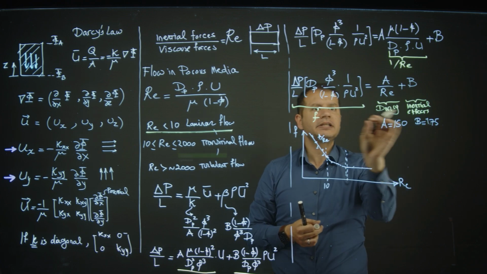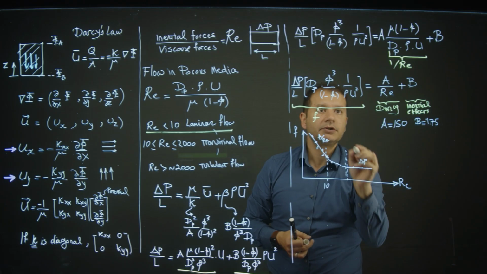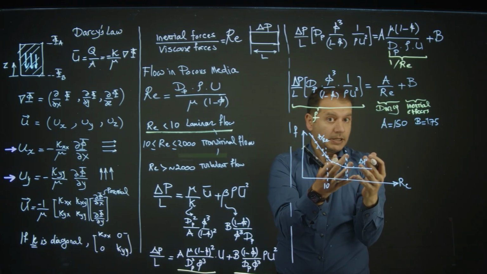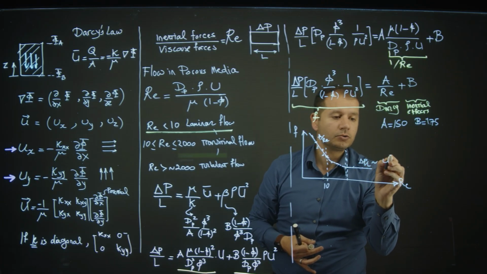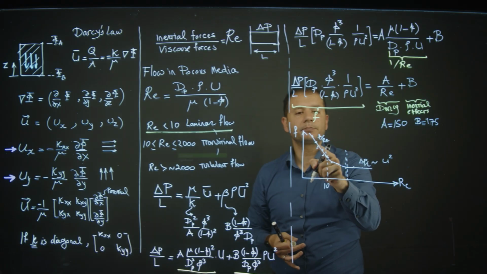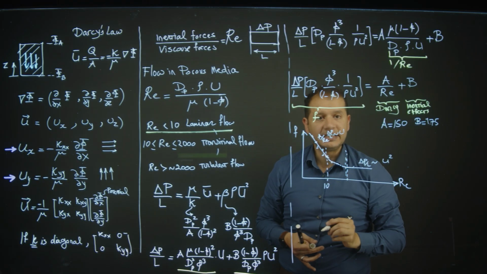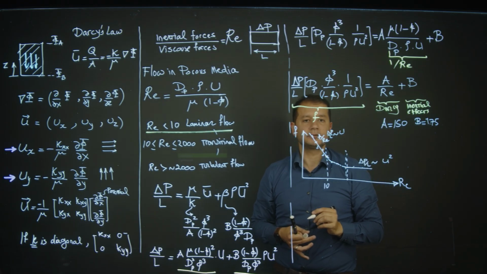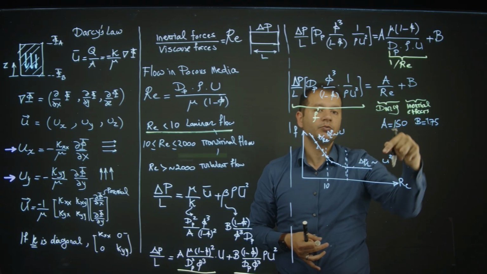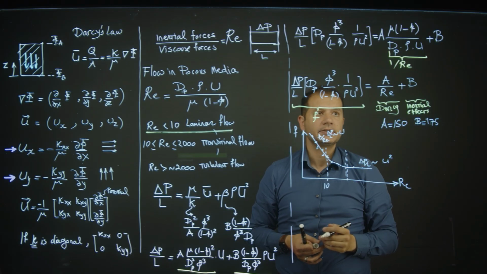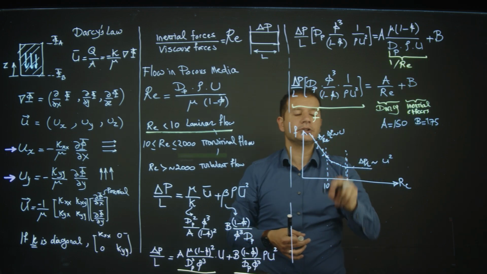The pressure drop over L will be proportional to rho u squared, which is the u squared here. But here the proportionality of the pressure drop over L is to the linear aspect of u. But here rho u, it's u to the power 2, which is the inertial terms are more dominant. Reynolds has a u in the denominator, that's why actually the proportionality here is only to the u.